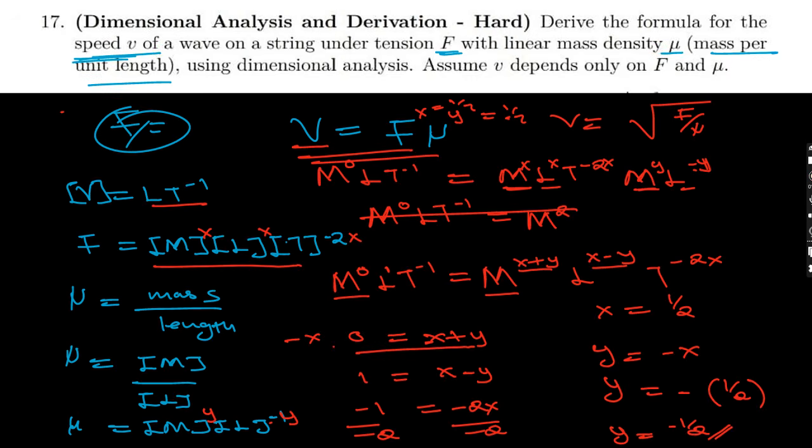Is it our volume we are talking about here? It is the speed, not volume. Our speed now is going to be f to the power x, then linear mass density to the power y, where our x is half and our y is negative half.